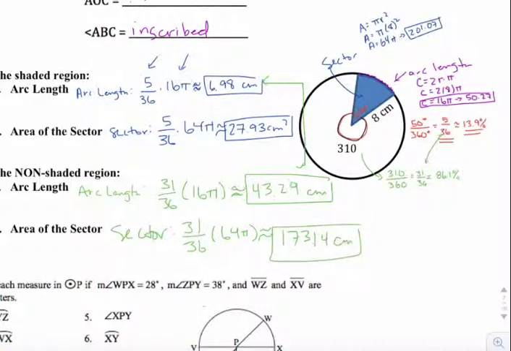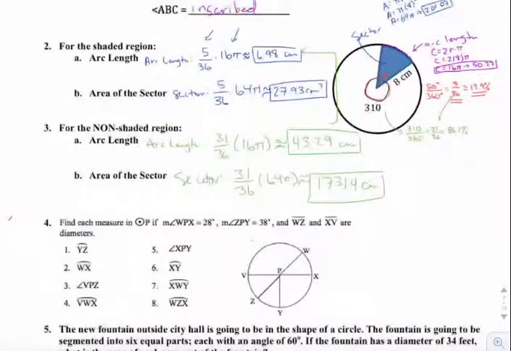And just like before, if we look at 27.93 that was covered and add it to the 173, we're back at about 201. So we do have some strength in our answer here, some confidence in our answer.